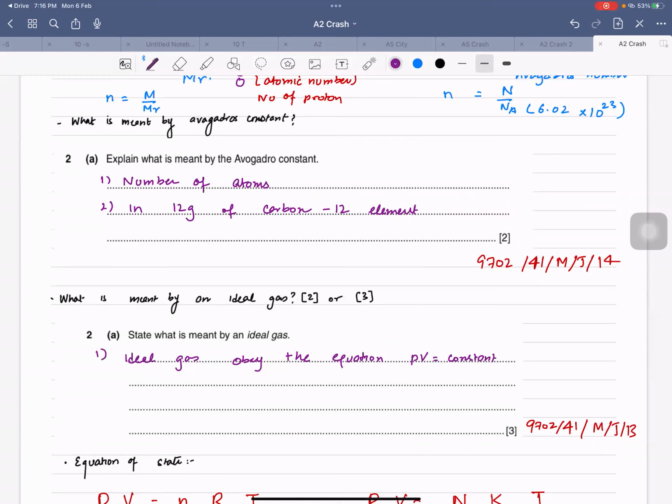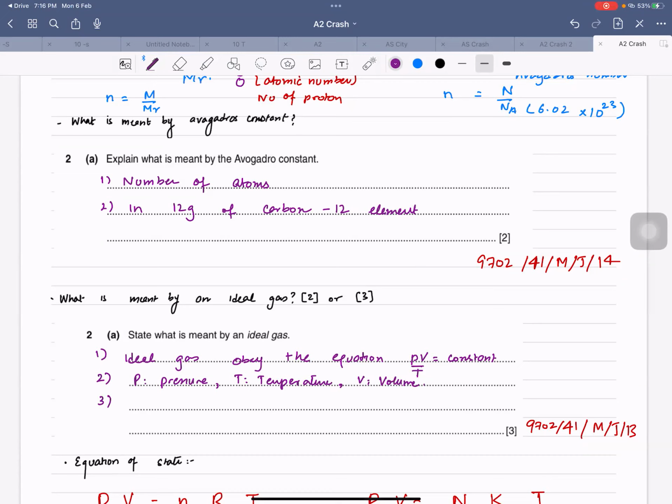That is a fixed equation. And now the second mark is when you explain what the symbols are, PV over T. All right, and then you put the explanation like P is pressure, T is temperature, and V is volume. When you do that, you gain 2 marks. So if the definition is of 2 mark, you just write these two.